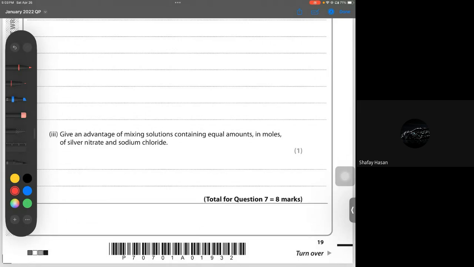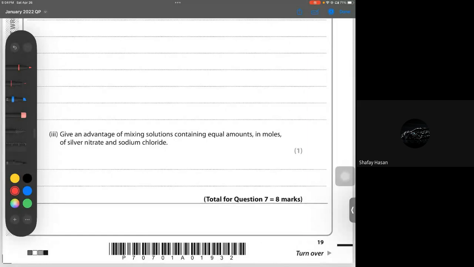So you can say that to make sure all the reactants have reacted, and also to make sure of the highest possible yield of the product. To make sure we would be getting the greater amount of product.